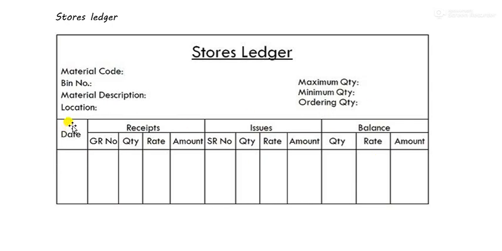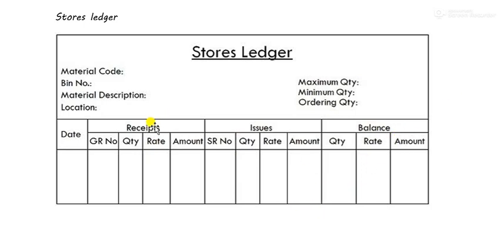Now if you see here, this is the date column, this is the receipt column. Receipt means whatever goods I am purchasing will be recorded over here. Issues means whatever goods I am selling will be recorded over here. And balance means after purchasing and after selling, whatever goods I have left will be recorded over here.